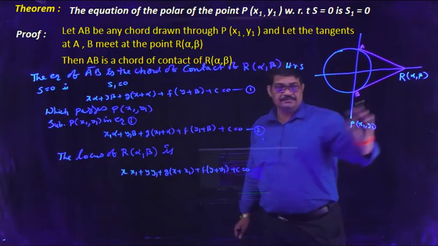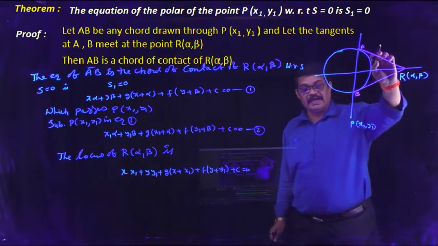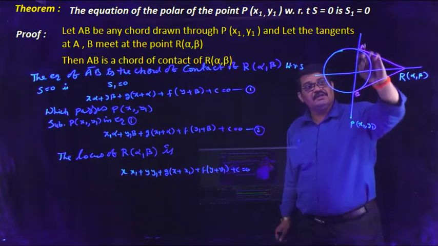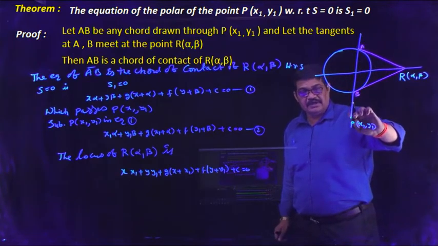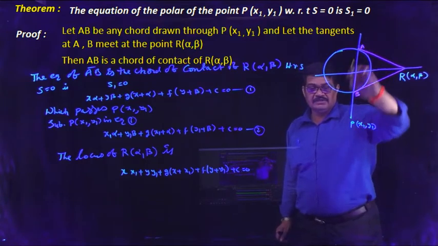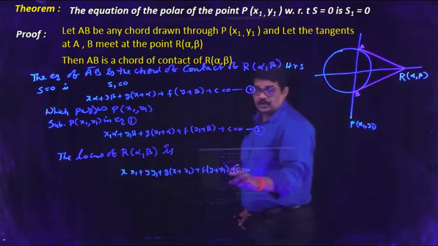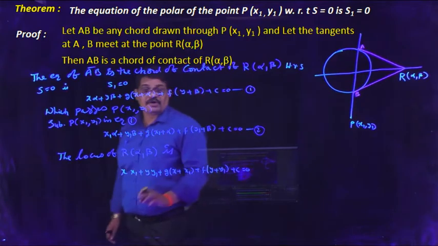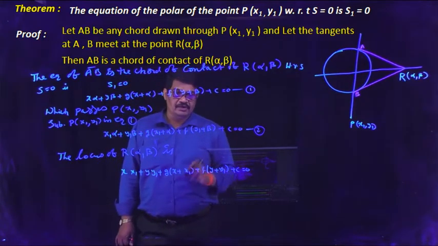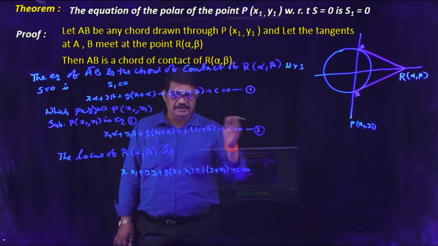R is here the point of intersection of the tangents drawn at capital A, capital B. These are the meeting points of the secant through the point P (x1, y1) to the circle. So this is the locus of R. This locus is the polar of the point P (x1, y1) with respect to the circle by the definition.